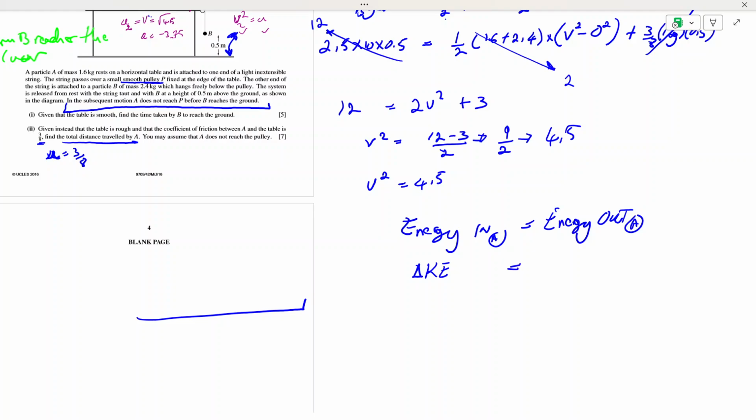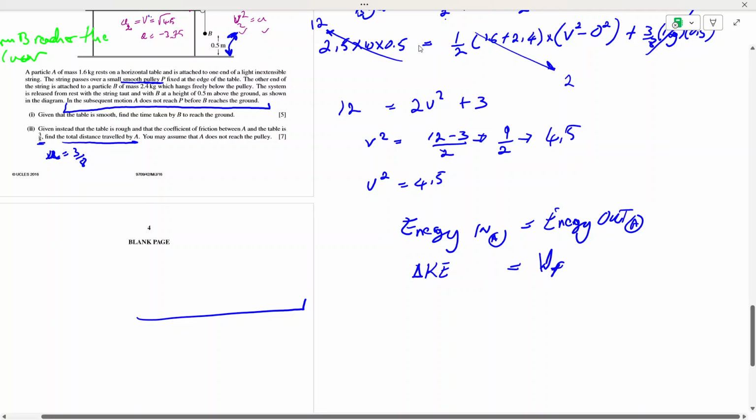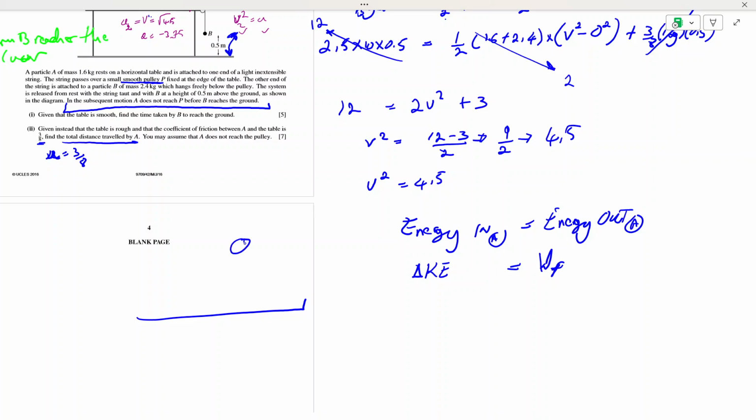It is converted into the work done against friction, just for A only. Remember, now it has a velocity of root 4.5, and it's going to be losing energy due to the frictional force. The work is going to be done from here to the end when v is equal to 0. The final velocity is equal to 0.